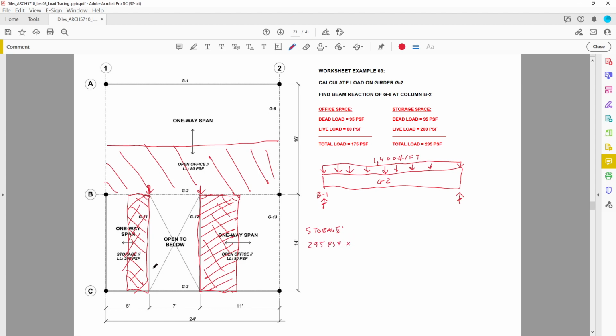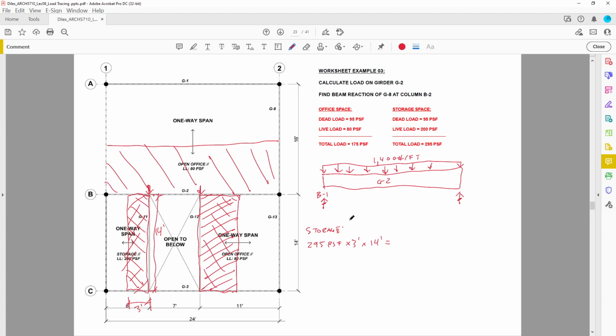And what is the area being under load here? We're just going to calculate it all at once. Well, we have 3 feet in this direction, right? And then 14 feet in this direction, because that's 14 feet. So 3 feet times 14 feet equals, go ahead and calculate it here.